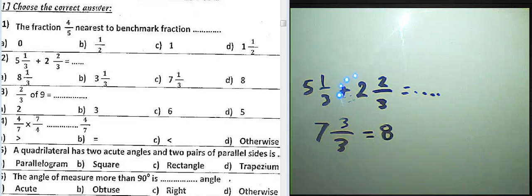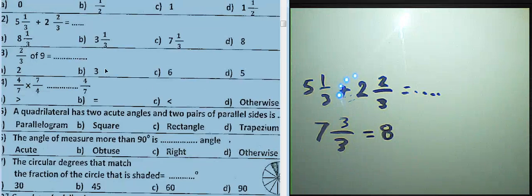The result will be 8, because we have a like denominator, so we can find the result in one step: 7 and 3/3 equal 8. Letter D.